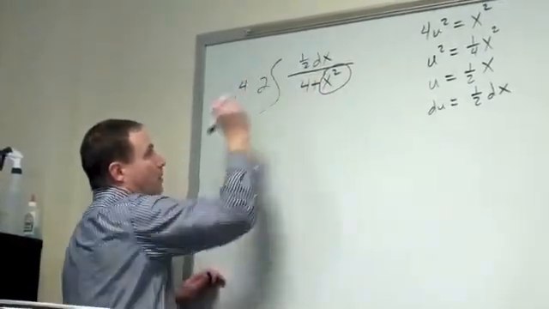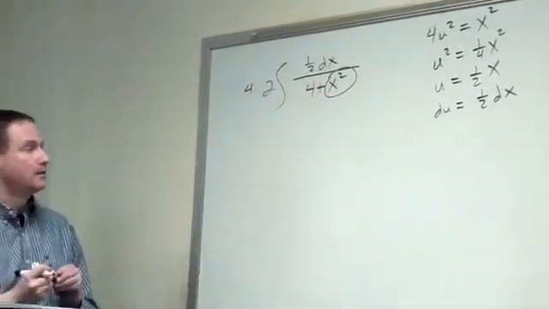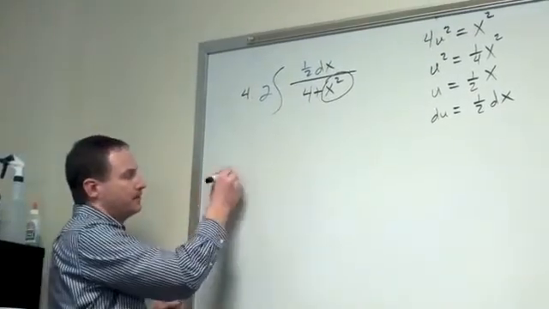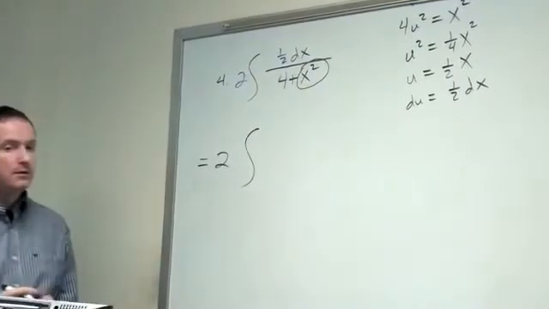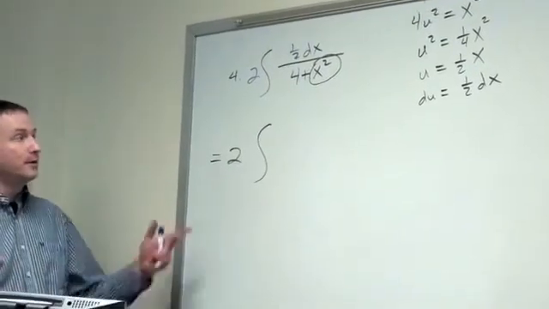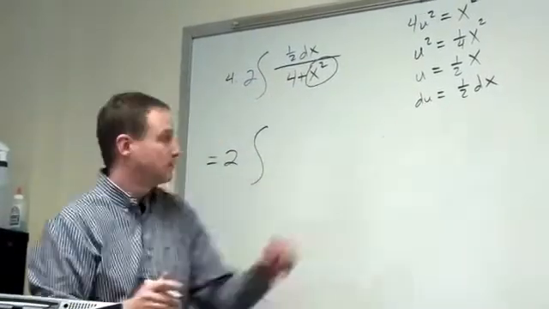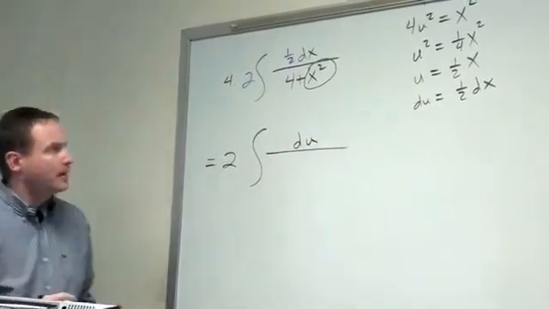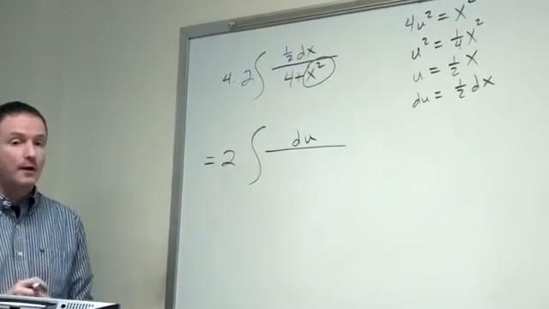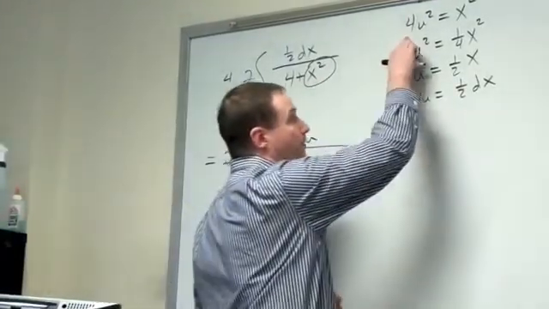Now I'll say, okay, this is 2 times the integral. The entire numerator is replaced with a du. The denominator, 4 plus x squared, replaced with 4 plus 4u squared, because 4u squared is x squared.